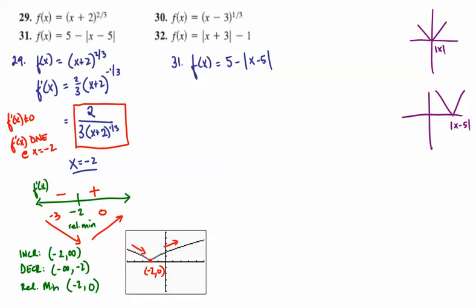Then negative will make this turn upside down. Negative absolute value of x minus 5. And then adding 5 onto that will shift the whole thing up. Something like this. 5 minus absolute value of x minus 5. And so, very briefly, that's what we're expecting.